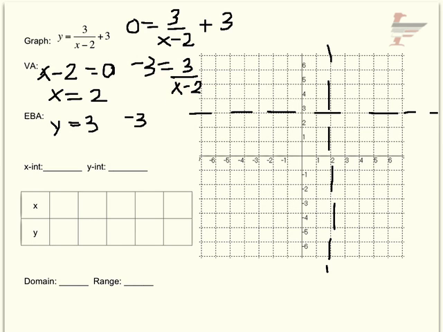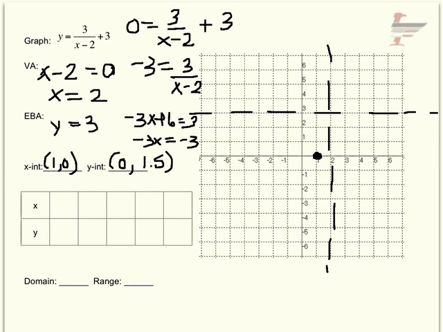So I'm going to multiply this times -3, kind of cross-multiplying, and I'm going to get x equals 1. So my x-intercept will be (1, 0). For the y-intercept, if I put 0 in for x, I'm going to have -1.5 plus 3, which will be 1.5.